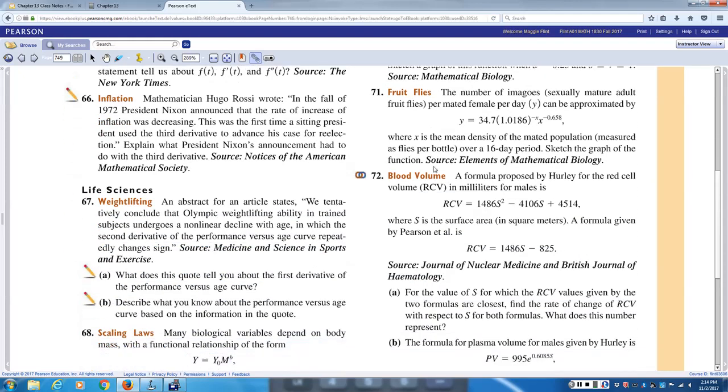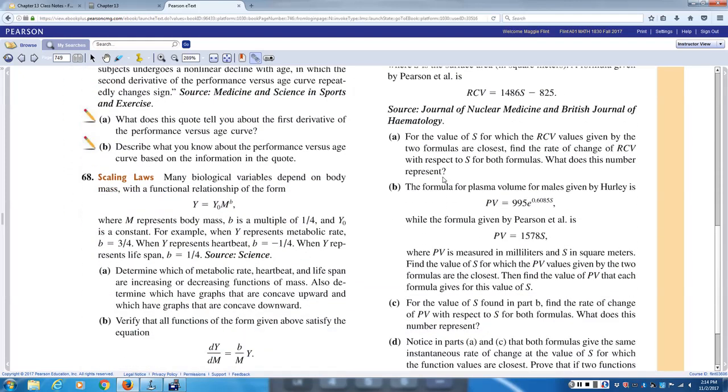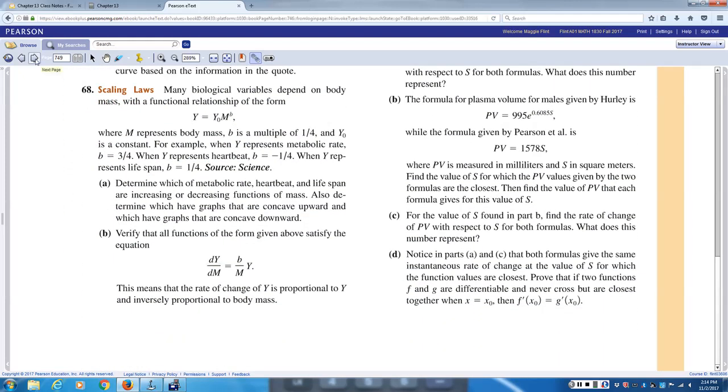So looking through some of the rest of these, I don't think there's any modeling problems actually at the end of chapter 13, but I've got some.